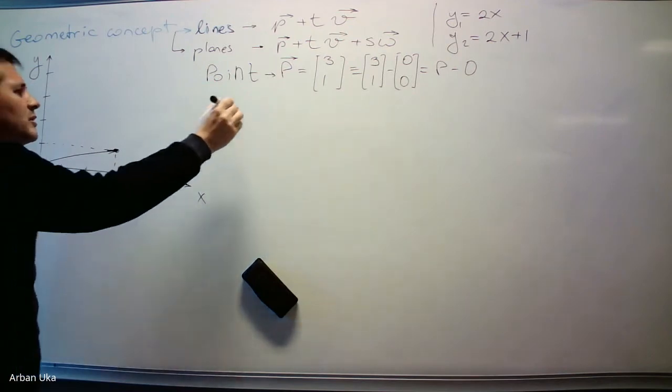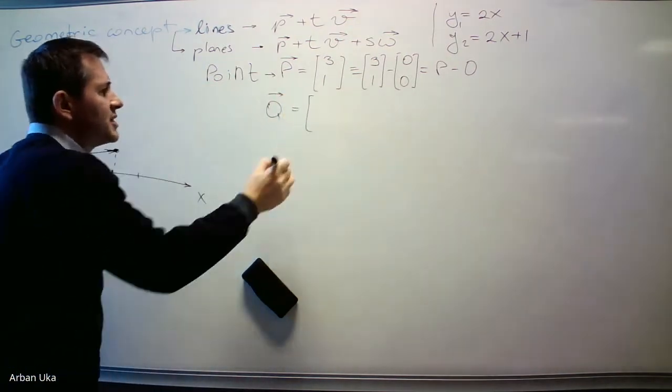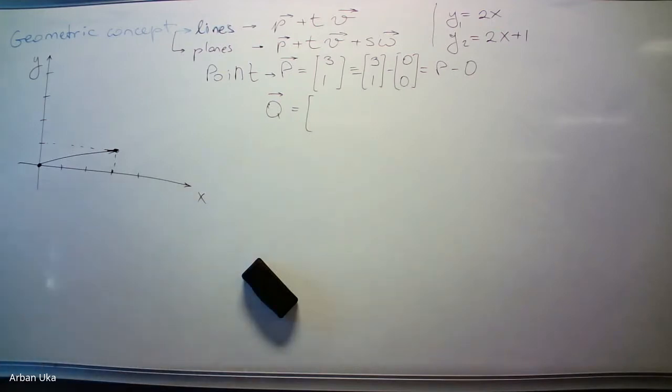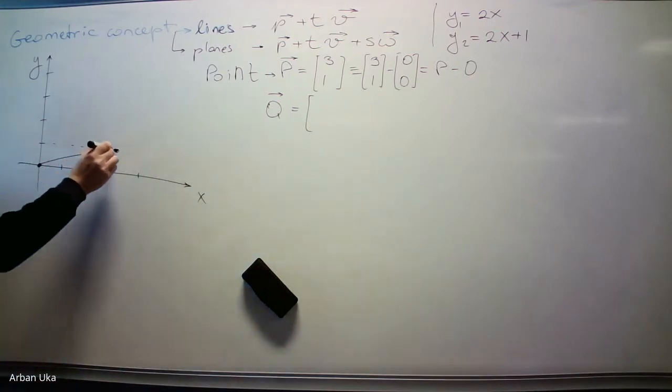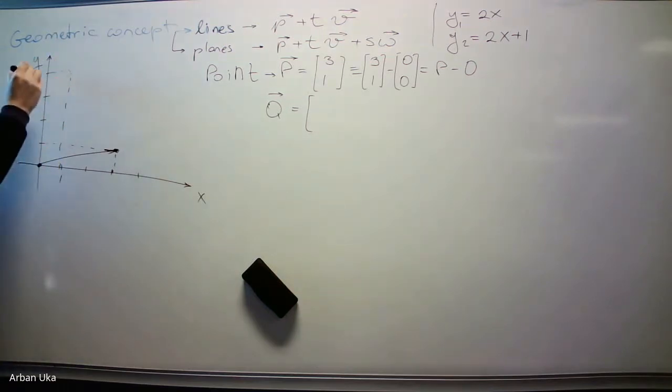Now let's assume we have another point Q, and this point Q can again be perceived as a vector with respect to some origin. So let's assume for a moment we have this other vector, which is 1, 4.